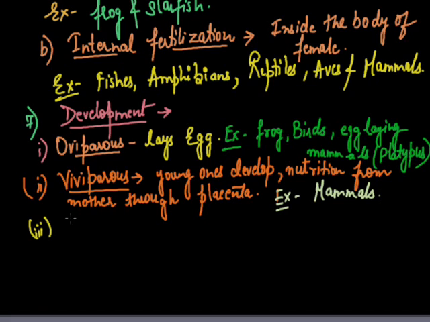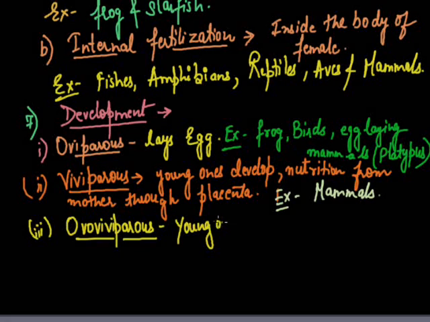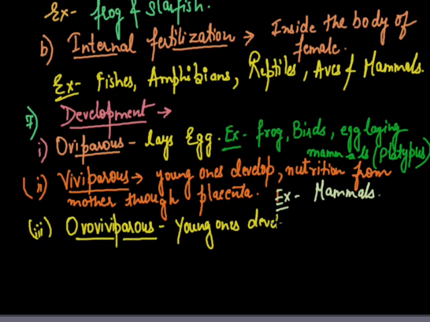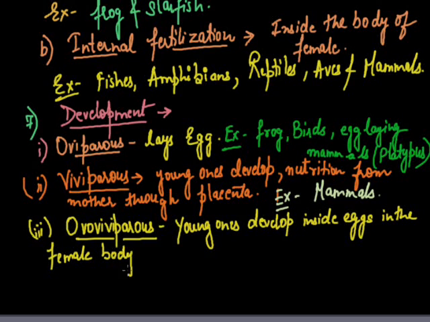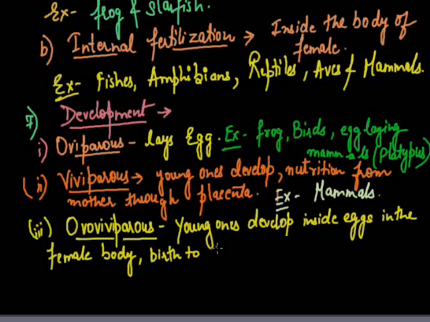And the last is ovoviviparous. As the name suggests, these are the animals where the young ones develop inside the egg in the female body and are given birth to as young ones.